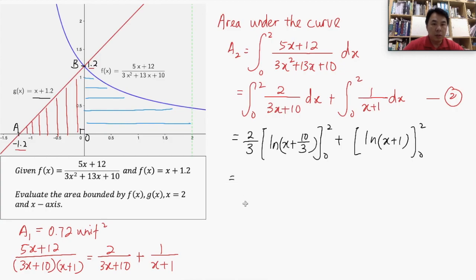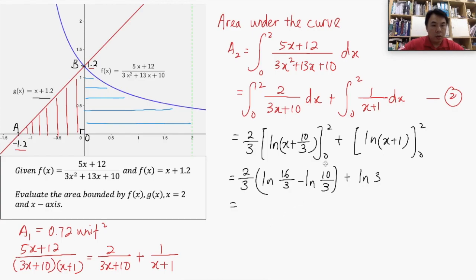Let me give that a try. 2 over 3, so we substitute the 2 first into here. We will have ln 16 over 3 minus ln 10 over 3. That's my first part, and then the second one is basically just ln 3.